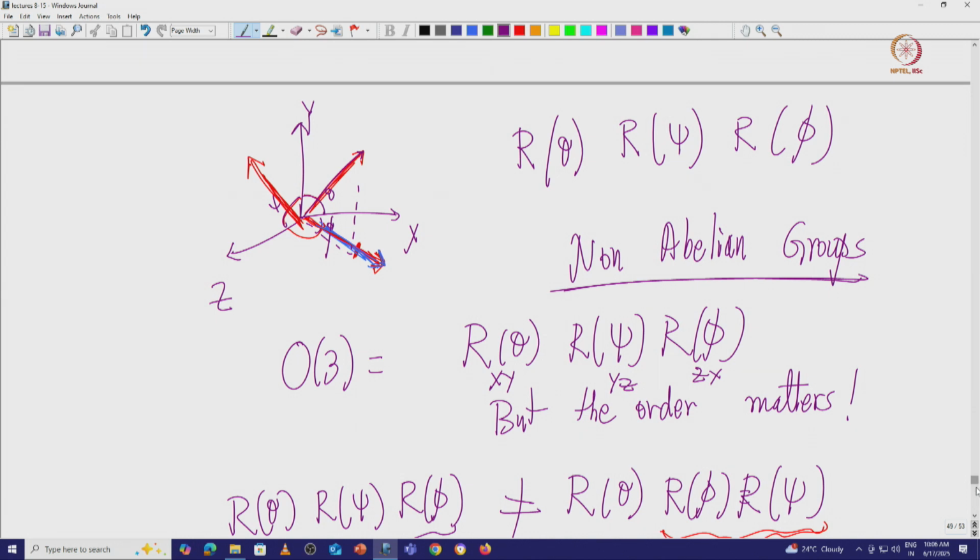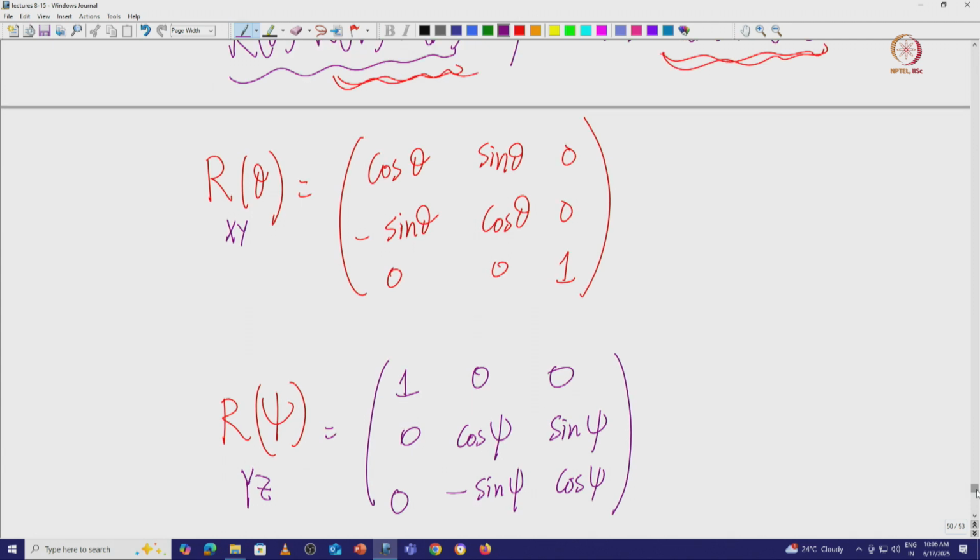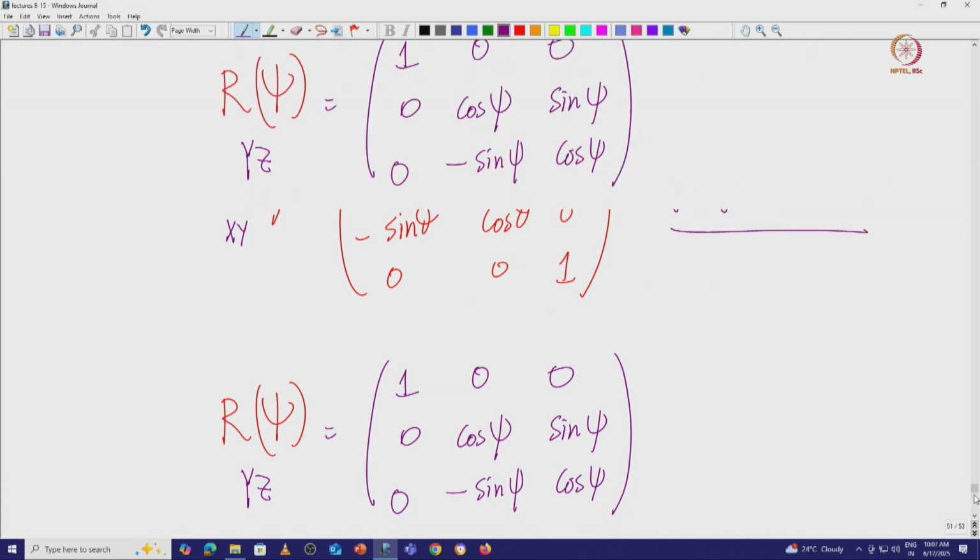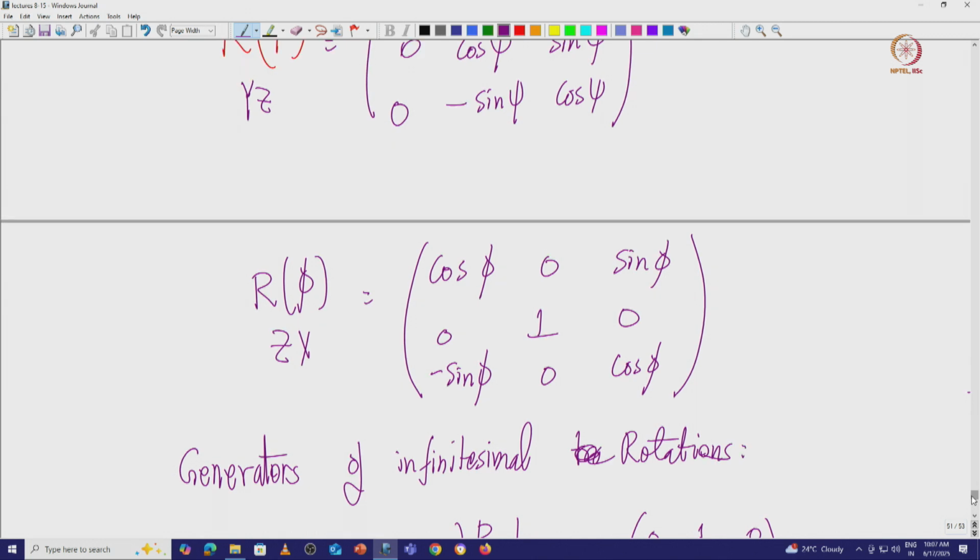What R of theta is nothing but a generic rotation in the xy plane, which is a finite rotation. Similarly psi is in the yz plane and in the zx plane you have cos phi, sin phi and minus sin phi.